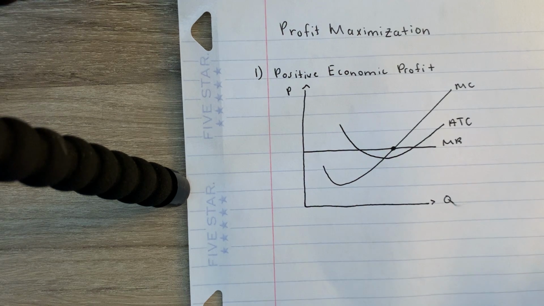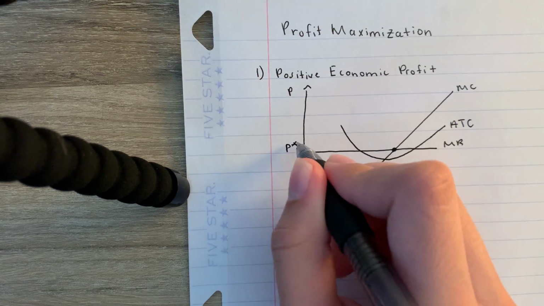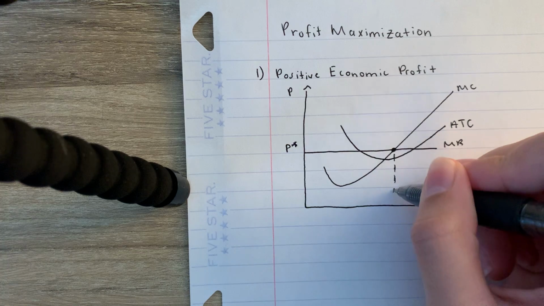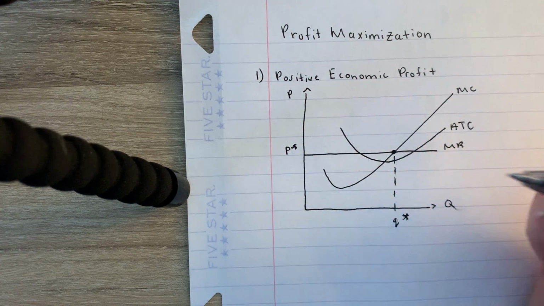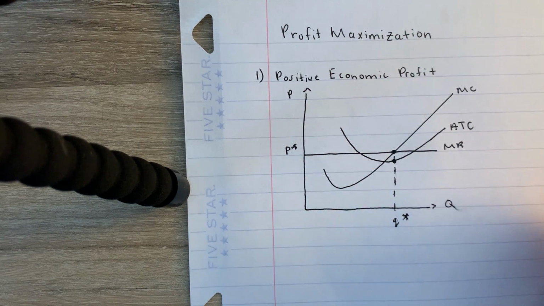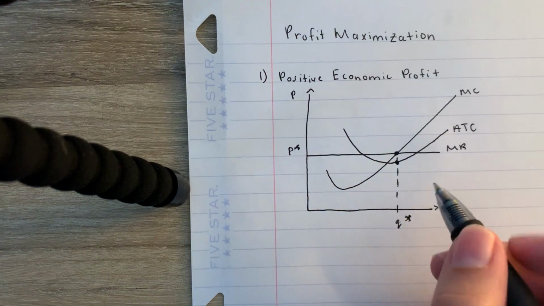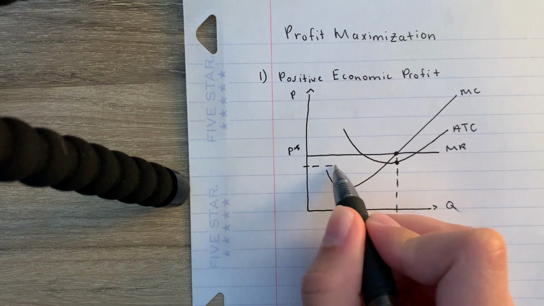We can label it average total cost. Right, so the points that are going to be important here is marginal revenue. This is P star. And then we can bring this line down here to give us our Q star. And then we have right here the intersection of the ATC curve, where we drew our dotted Q star line, and we can bring that across right here.